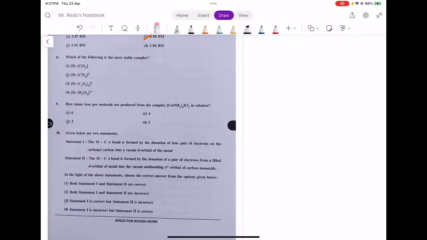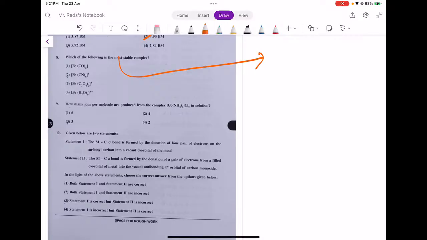Which of the following is the most stable complex? This question belongs to coordination compounds. This is Fe(CO)5, pentacarbonyl iron(0). This is hexacyanidoferrate(III) ion.